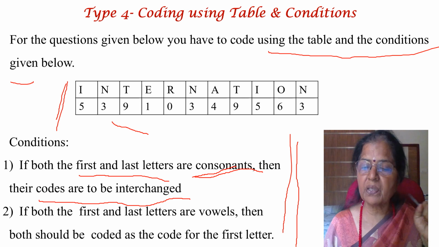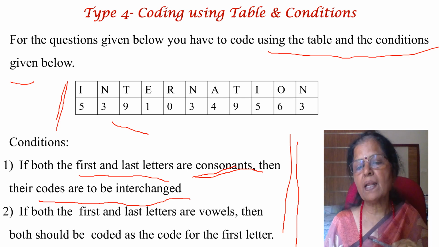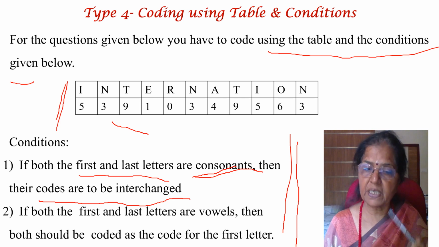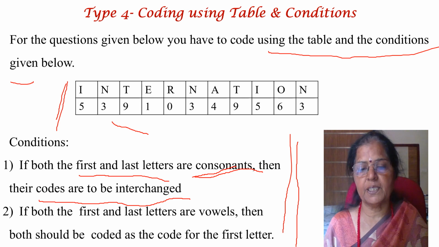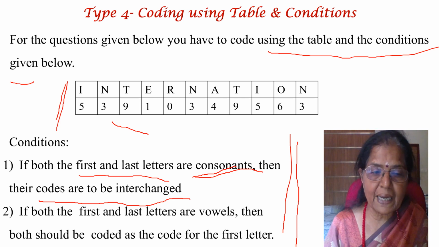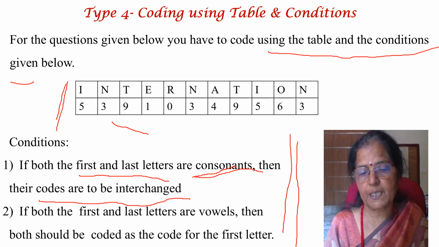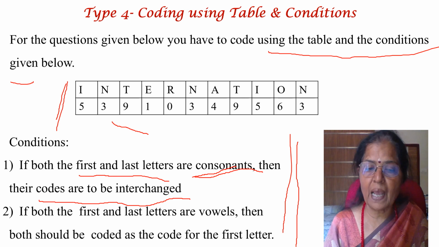So you have to check for the first condition, whether in the word given the first letter and the last letter are consonants. If they are consonants, stop there and interchange. And check for the second condition: if both the first and the last letters are vowels, A, E, I, O, U, then both should be coded as the code for the first letter.